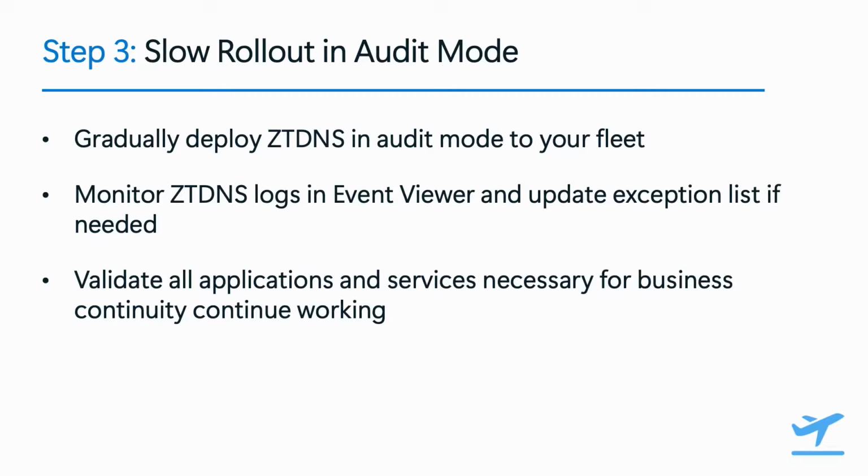Now slowly start rolling out ZTDNS in audit mode to your fleet with additional users, different departments, and give it sufficient saturation time so that you have captured the full range of application behaviors across all of your diverse users within your enterprise. And lastly, ensure to collaborate with application owners and service teams to validate any exceptions they may need for endpoints that are not discovered via DNS, but are necessary for business continuity.